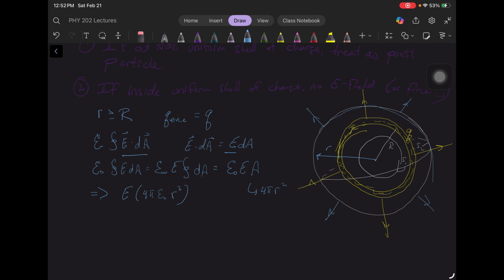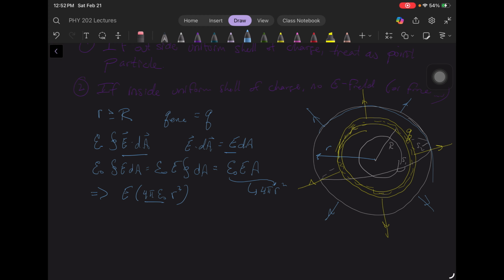Right, and I kind of moved the epsilon naught around a bit just so we have that 4 pi epsilon naught that we see everywhere. And this is where that comes from. This is why we see it everywhere. Because most things dealing with a charge have a spherical symmetry, right? Anytime you have a point particle and you have a field that goes out radially, you get a spherical symmetry, and the area of a sphere gets the 4 pi r squared.